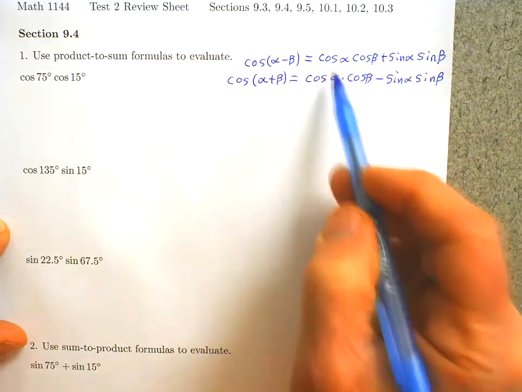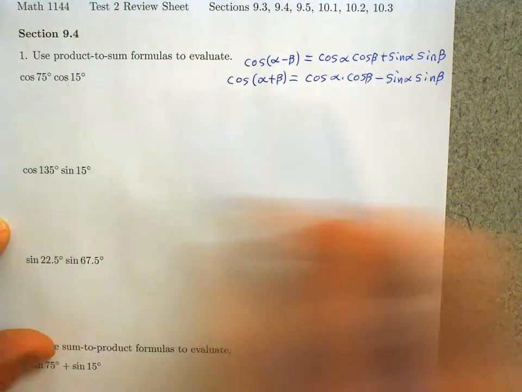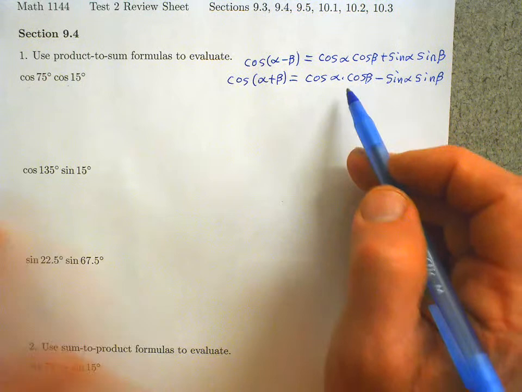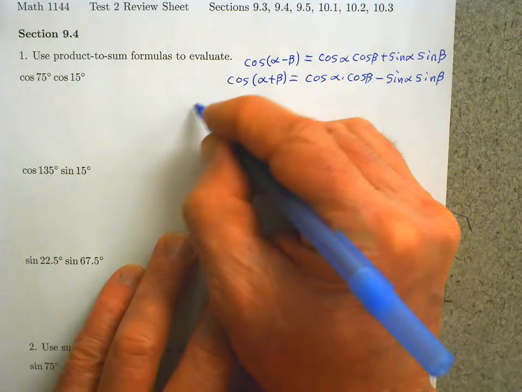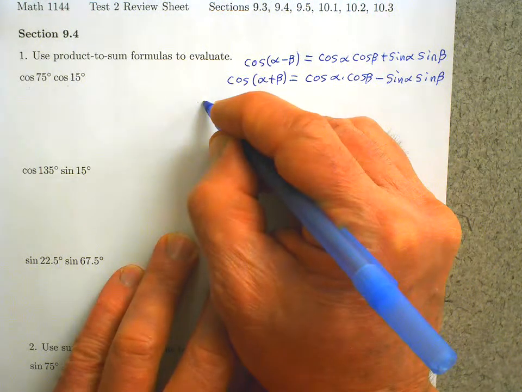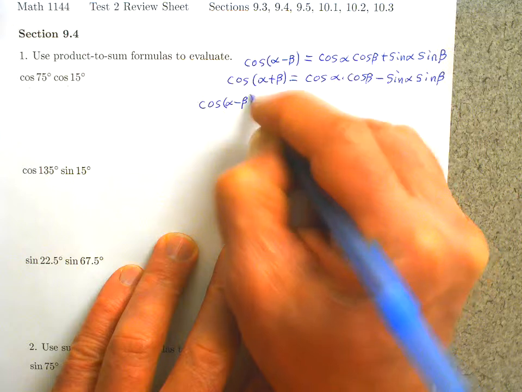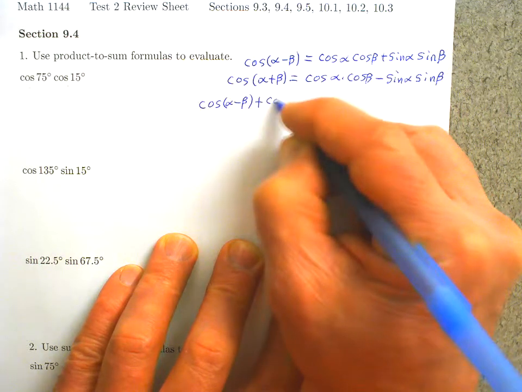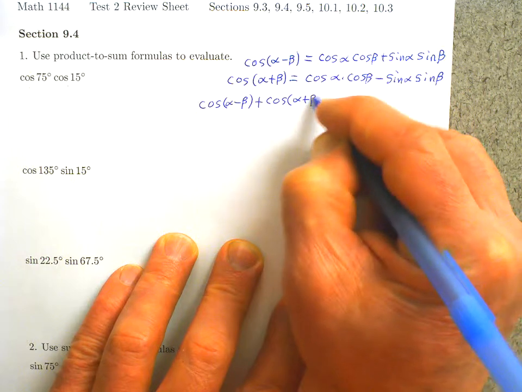And if I want something of this form, cosine of one angle times cosine of another, I can get that if I add these two equations. So on the left-hand side, we get cosine of alpha minus beta plus cosine of alpha plus beta.